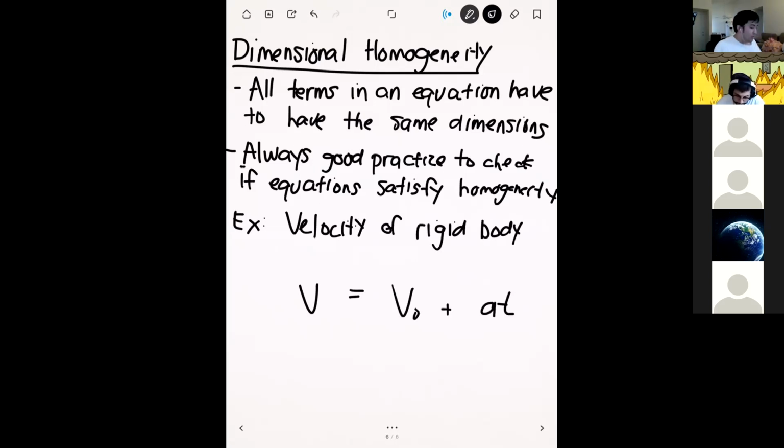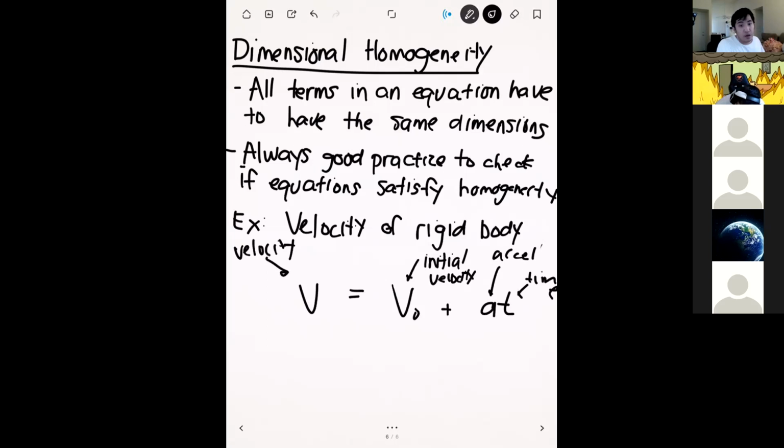The velocity for a rigid body, v, is equal to its initial velocity, v naught, plus a times t, where a is our acceleration and t is time. And here we have our velocity.